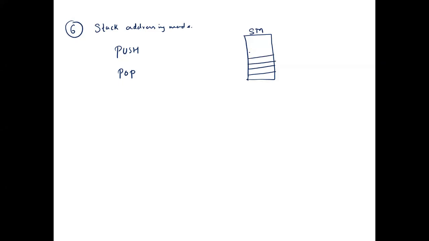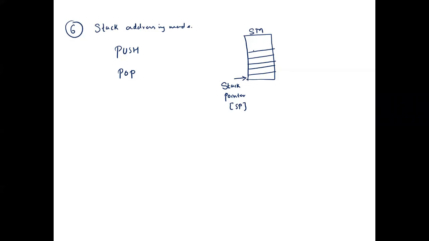It is part of data memory only, so we don't have any special arrangement. But why do we call it stack memory? Because these memory locations are pointed to by one special register, called the stack pointer register, that is ESP.